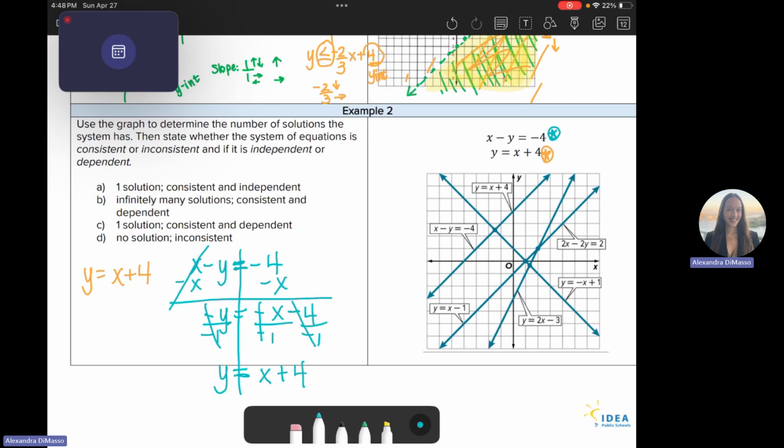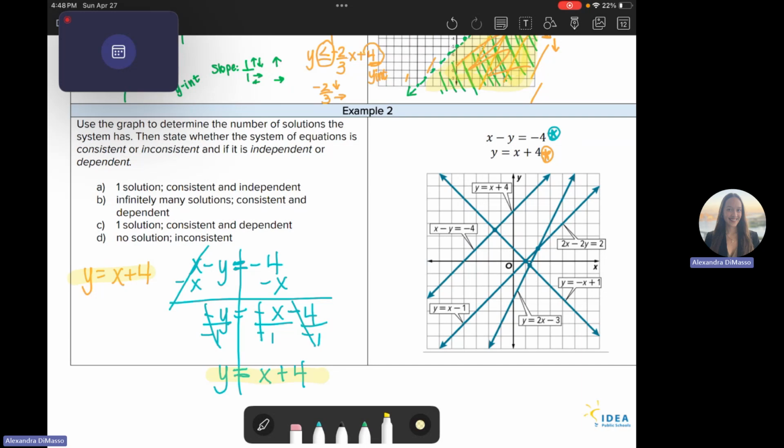I get plus 4. So hopefully what you notice about these two equations is, oh my gosh, they're exactly the same, which is fantastic, because if they are exactly the same, that means they overlap one another. And because they overlap, that means you have an infinite number of solutions, because your line goes on forever and ever and ever. So this is going to be infinitely many solutions.